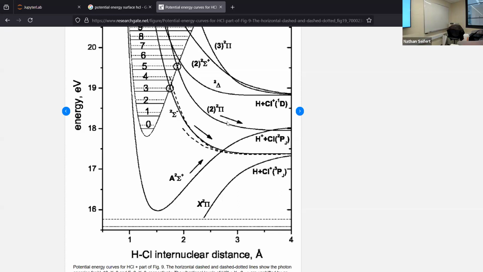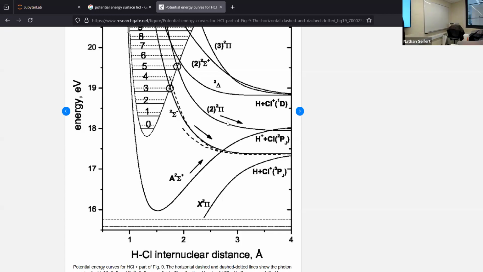It looks exactly the same as this plot, just deeper and less shallow. It dissociates into an H atom plus Cl in its ground state. So you can see that depending on the electronic state that we choose, what the electrons are in, we get different outputs.